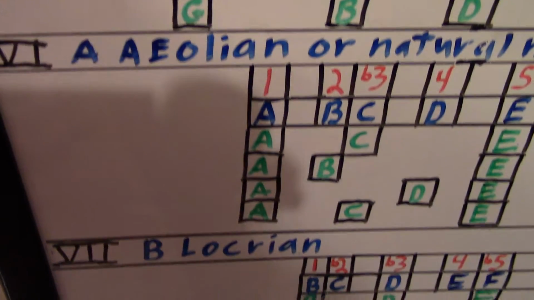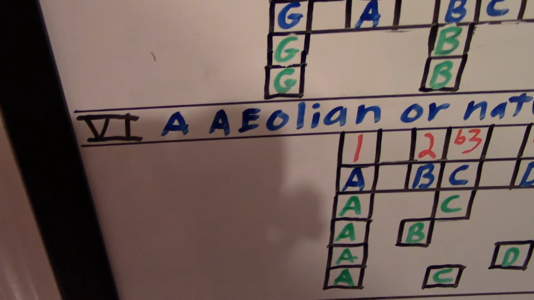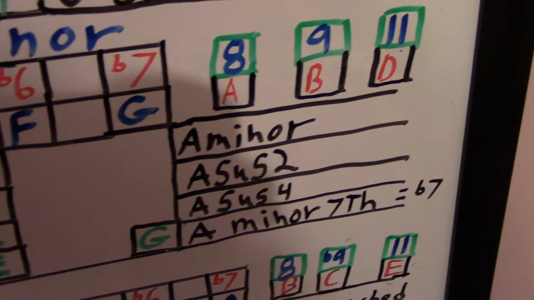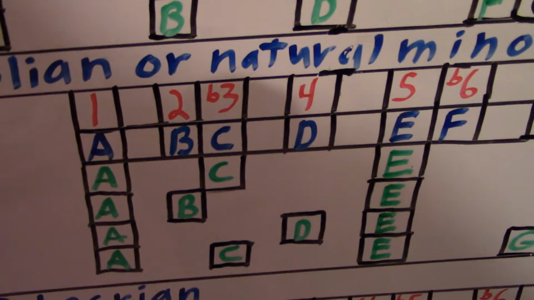And we got Aeolian, or natural minor, which is the 6th mode of the C major scale. It's a minor mode, obviously. By now you should figure out what a minor is.